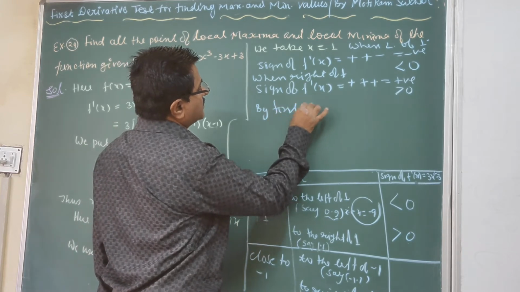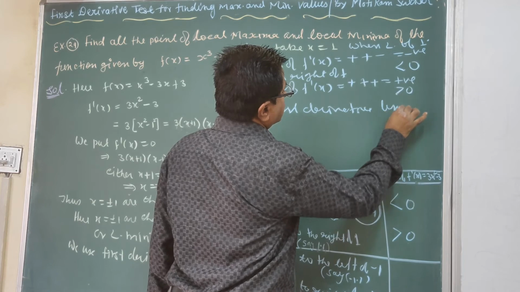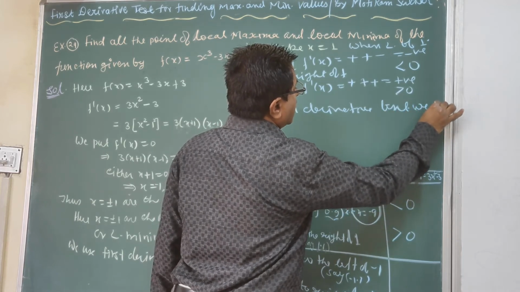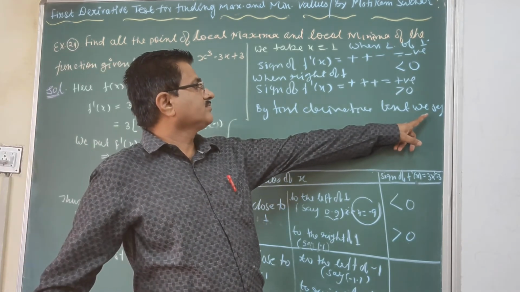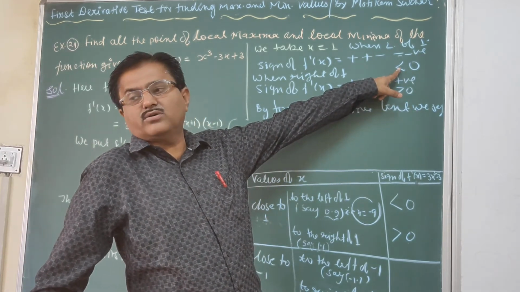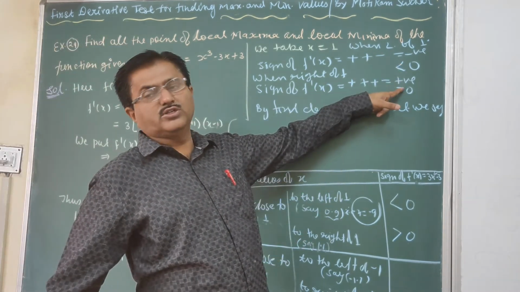By the first derivative test, we say that the sign of the derivative is changing from negative to positive.